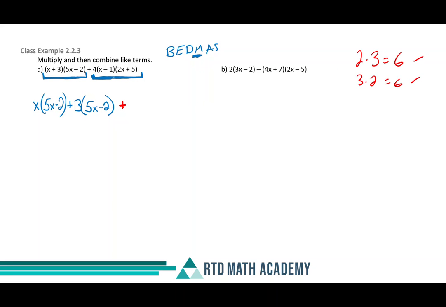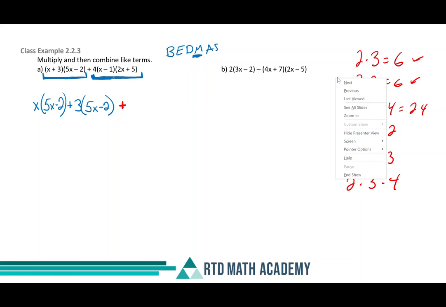We also know that, let's say, 3 times 2 times 4 is the same thing as 3 times 4 times 2, which happens to be 2 times 4 times 3, or maybe 2 times 3 times 4. These are all going to equal the same thing. There's a couple more combinations. The point is we know that when we multiply things together, it doesn't matter what order we multiply them in.